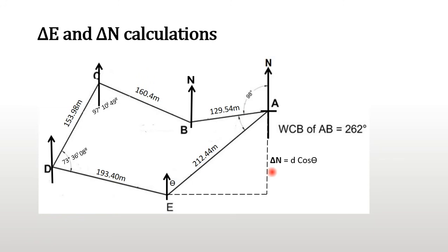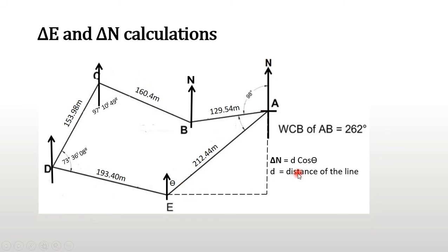So as it is in this case, we have the bearing of the line EA, which is theta, and the distance is 212.44 meters. Whenever we want to find the change in Northing, this vertical distance from A down here, then we multiply this distance, 212.44 meters, times the cosine of the bearing of this line EA.